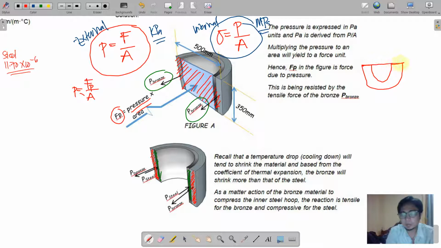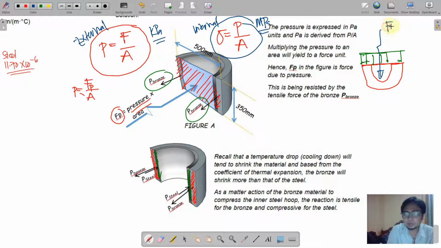Okay, there will be a pressure due to contact. Okay, so this pressure due to contact can be expressed into a single concentrated load.